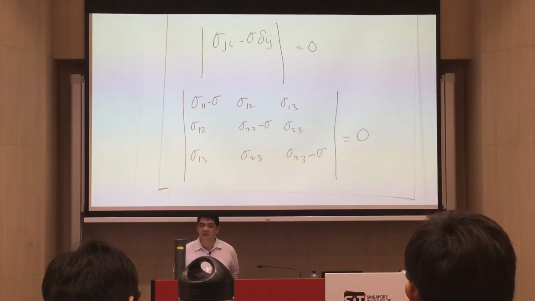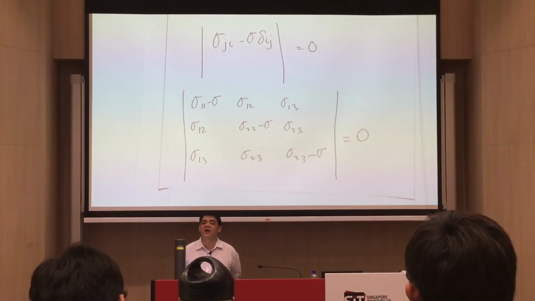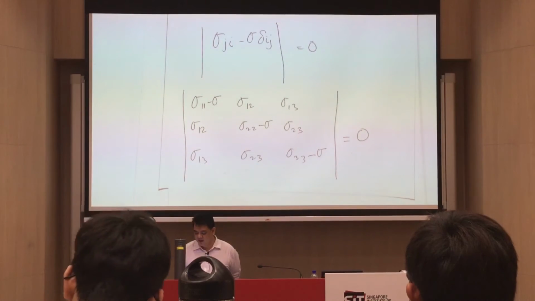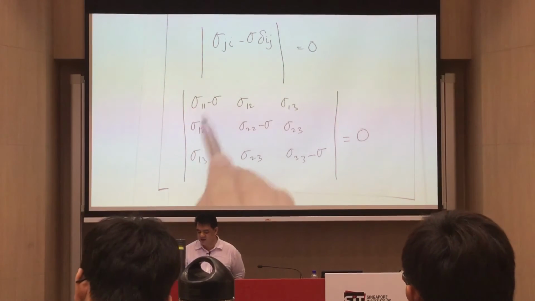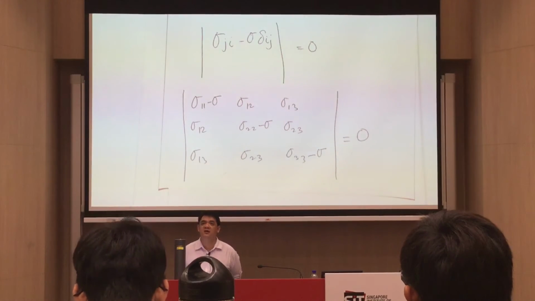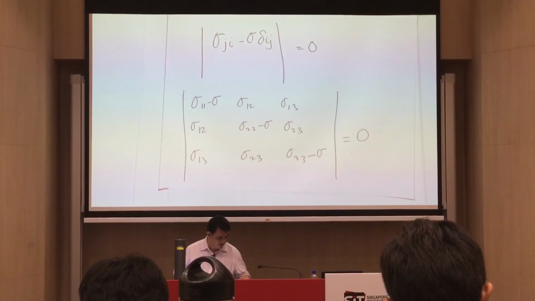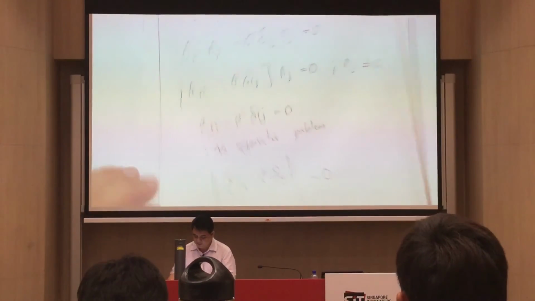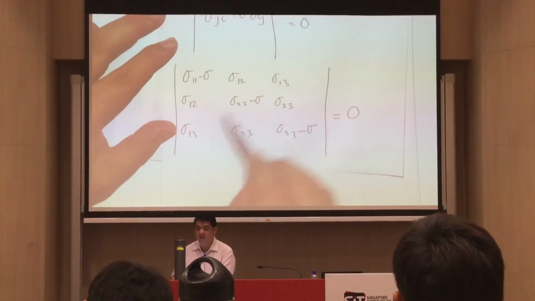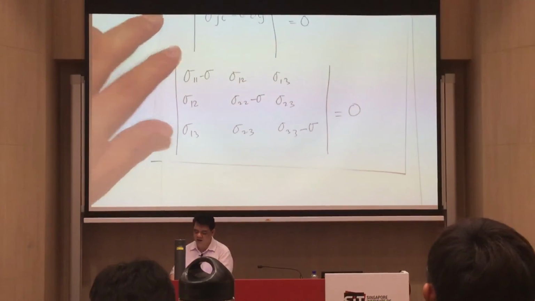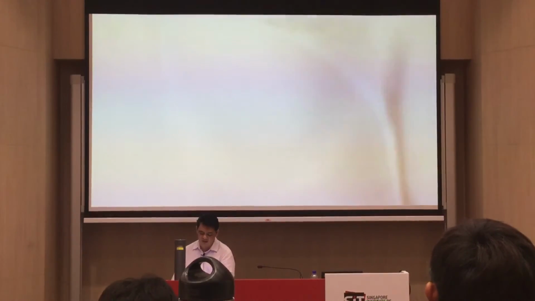So either you use the equations that you have, solving the invariants, and then determine the values of sigma, or you can take the determinant of this one. There are many ways of determining the determinant here.